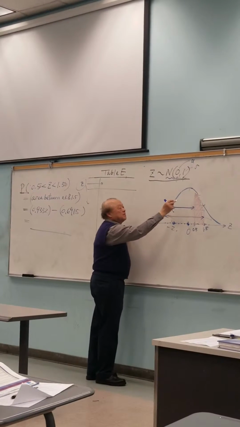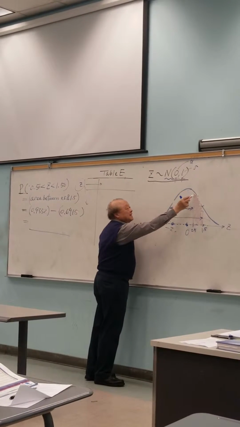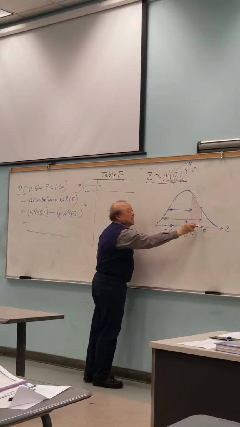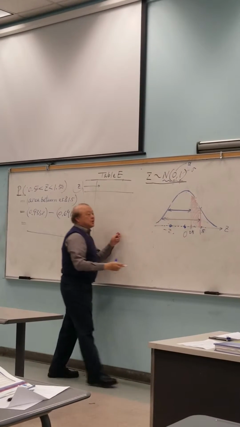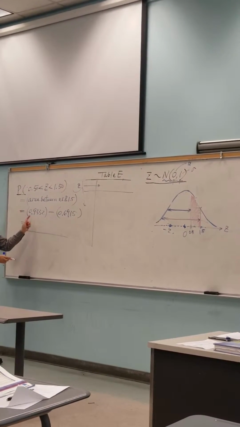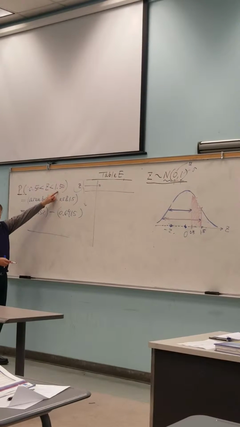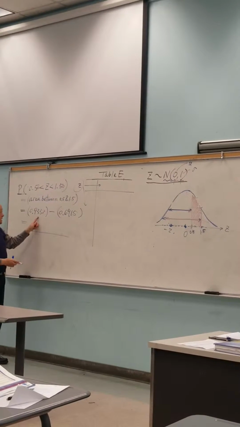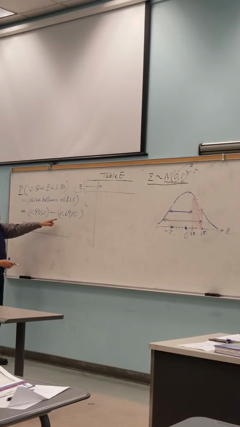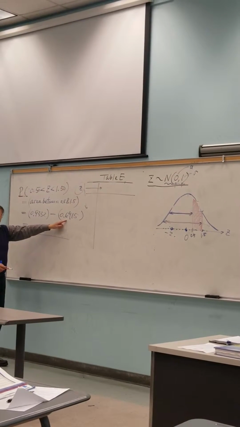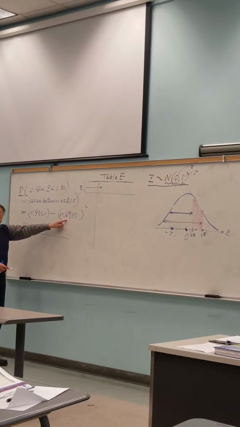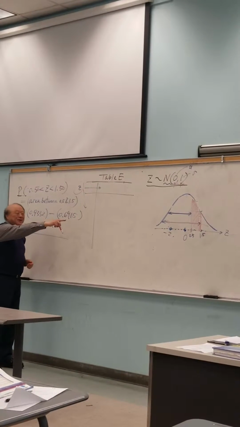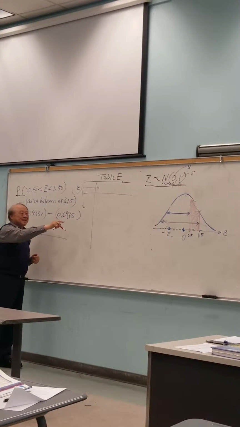Okay, everybody look at one. You find the larger area up to here, which is this, the area up to 1.5. Then you find the area up to 0.5. Why did he flip it? That's what he's explaining, using the graph.